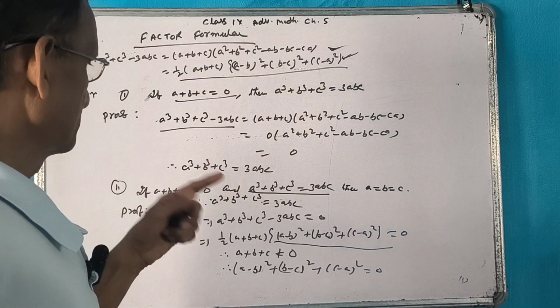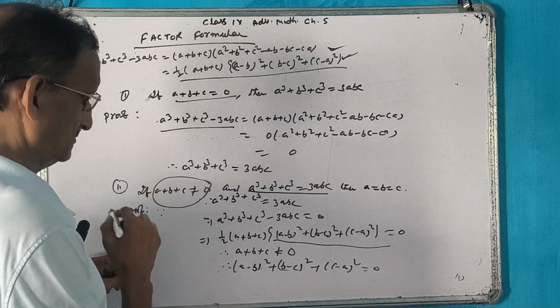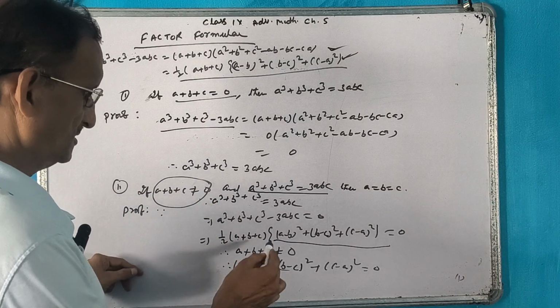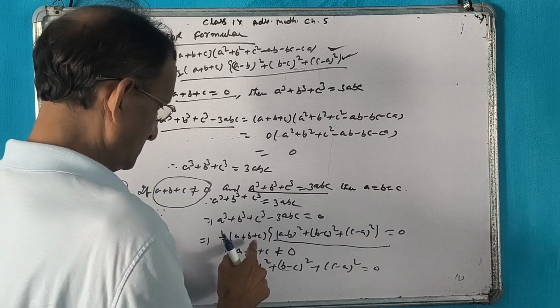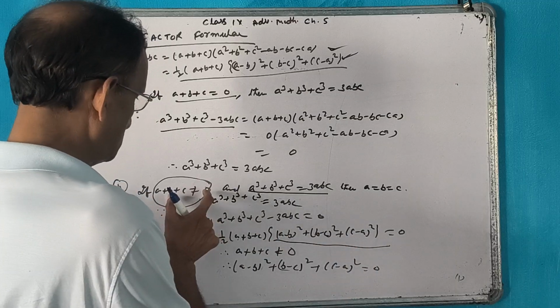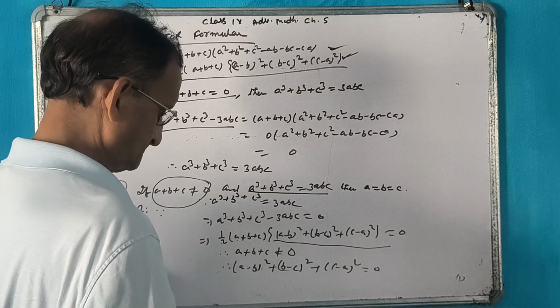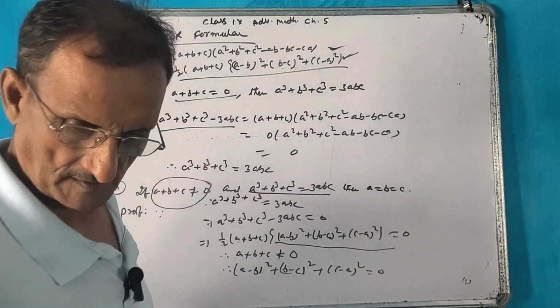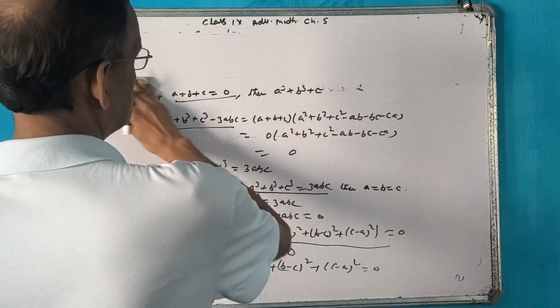In the question itself it is given that a plus b plus c is not equal to 0, and half cannot be 0, so we have only this option. This into this will be 0, either this equal to 0, which is not possible according to the given condition, so only one option is left, this equal to 0. Understood?